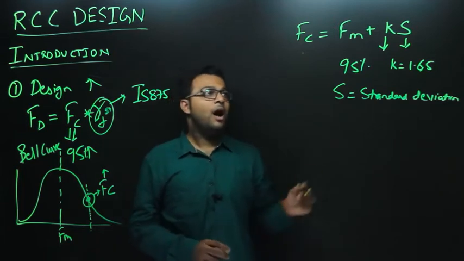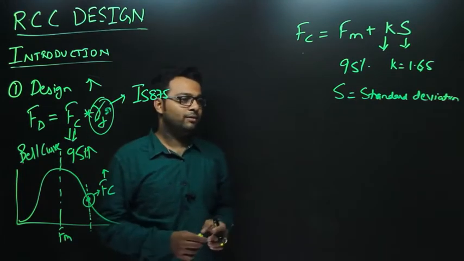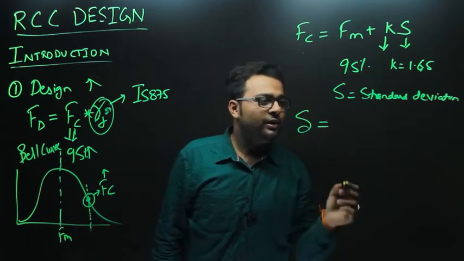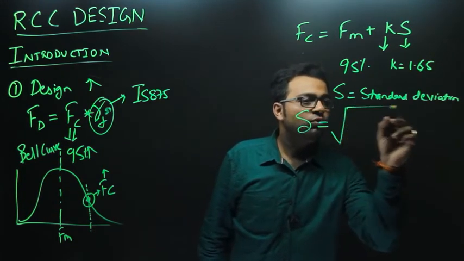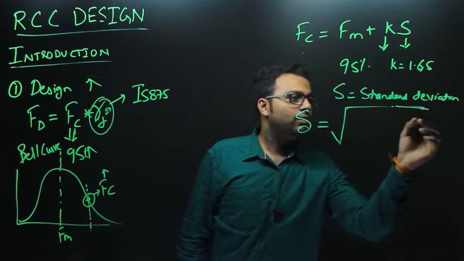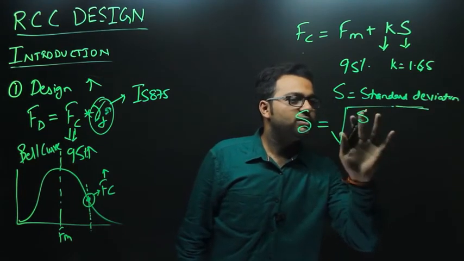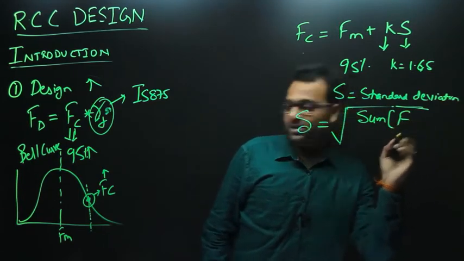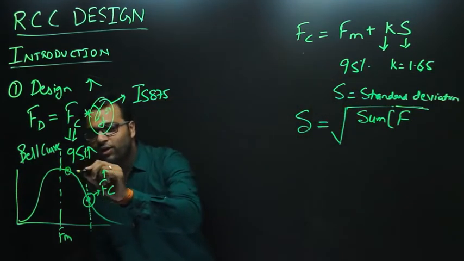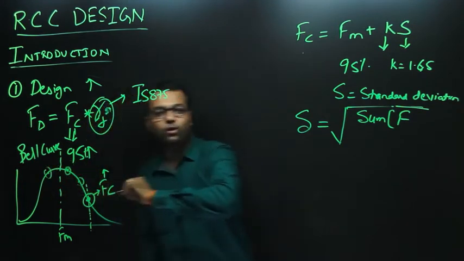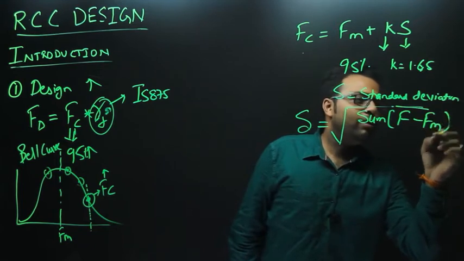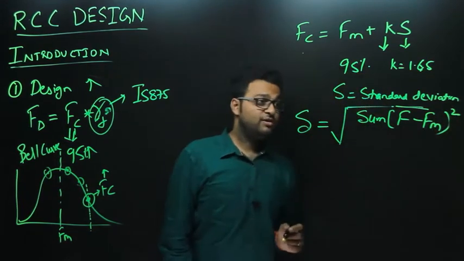How is standard deviation calculated then? Standard deviation is the square root of the sum of, for any force, any value, if I take this value or maybe this value, any value, and subtract Fm from it and square it.